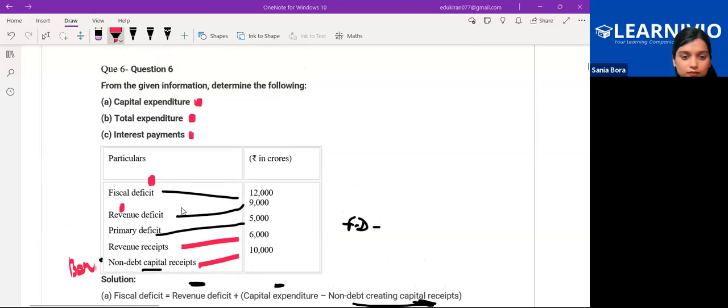Fiscal deficit is equal to 9,000 plus capital expenditure minus 1,000. My fiscal deficit is 12,000. So 12,000 equals 9,000 plus capital expenditure minus 1,000. Okay, so then what will I do? First I have to subtract 9 from 19.